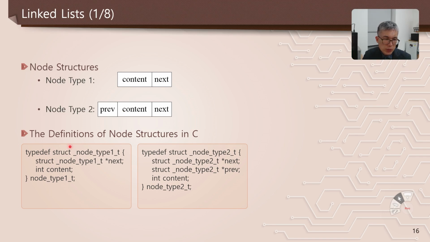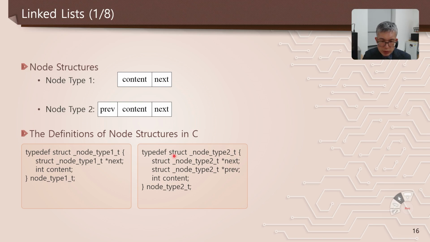Okay, so definitions of node structure in C, using typedef struct. This one is called node_type1_t. In the doubly linked list case, on the other hand, we have two pointer fields, next and previous, using pointer type.